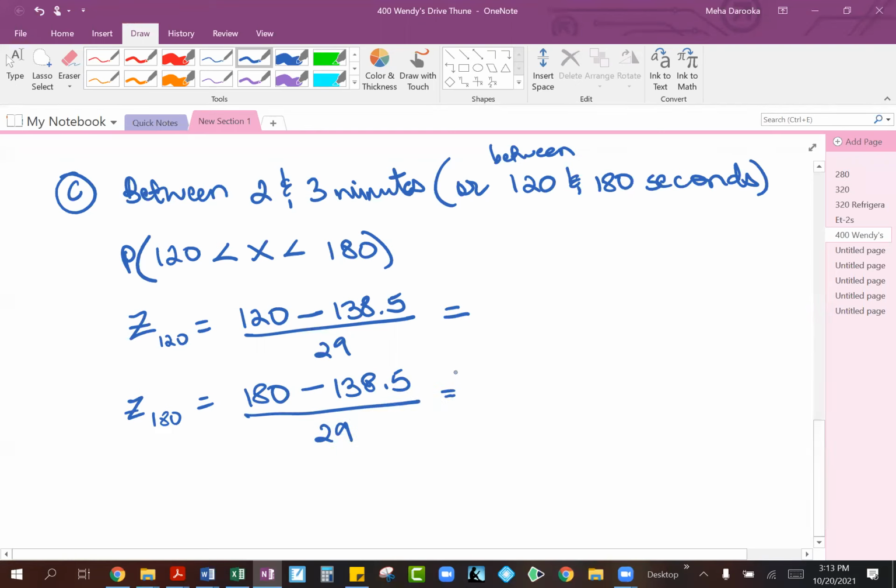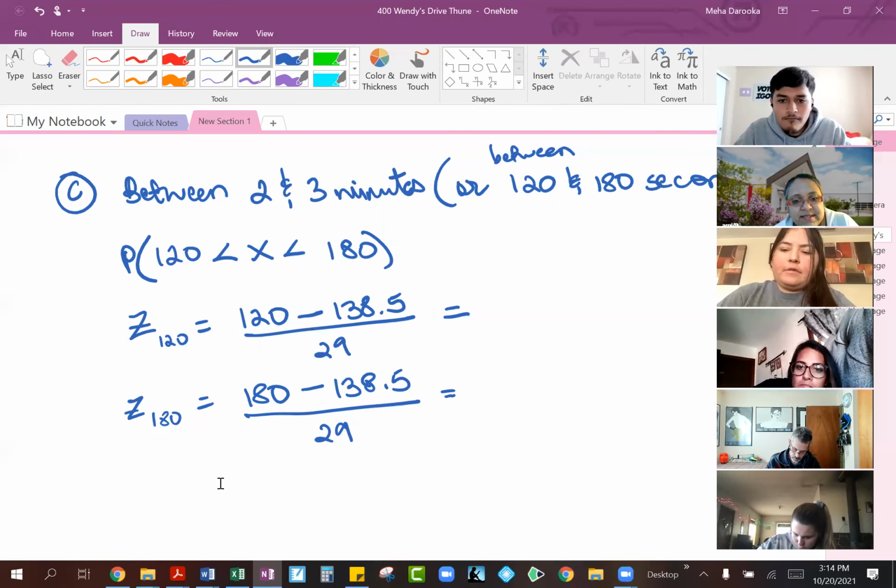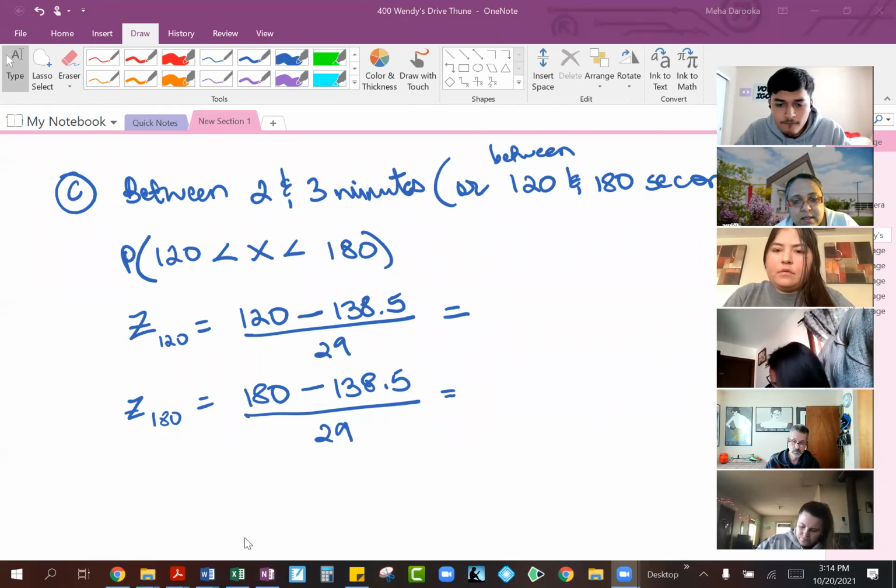So I'll give you, again, a couple seconds to calculate both numbers. Just use a comma to separate your answers, and let's see what you come up with. So both z-scores for 120 and 180.